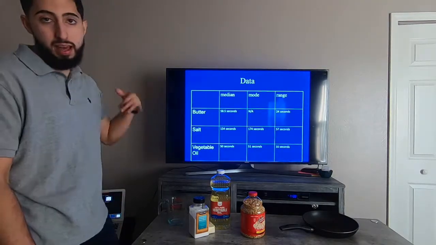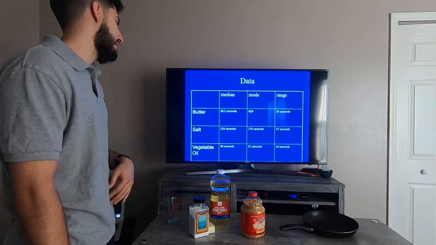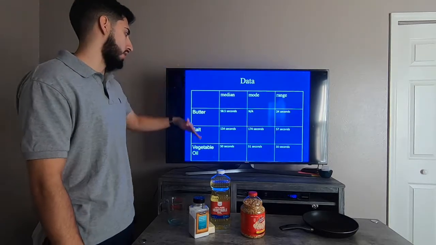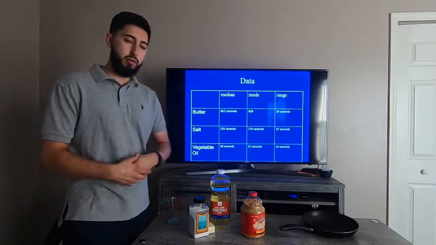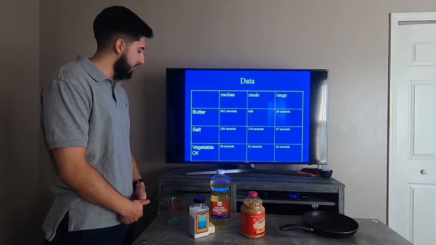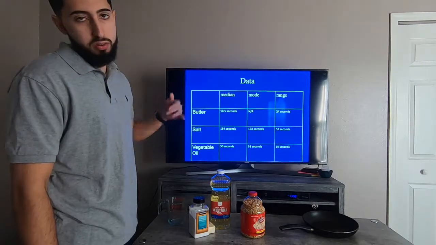So we've got some more data we can add to that. We've got our median, our mode, and range. So what occurred in the median, so the middle of our data? Order it from least to greatest, find the median. For butter, it was 58.5 seconds. For salt, it was 154 seconds. Vegetable oil, our median was 50 seconds. Our mode, so what occurred the most?